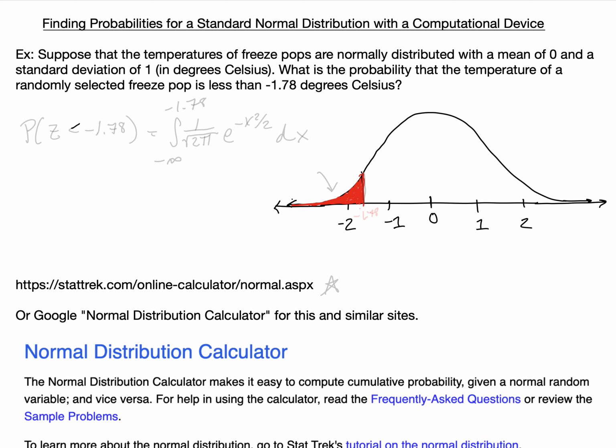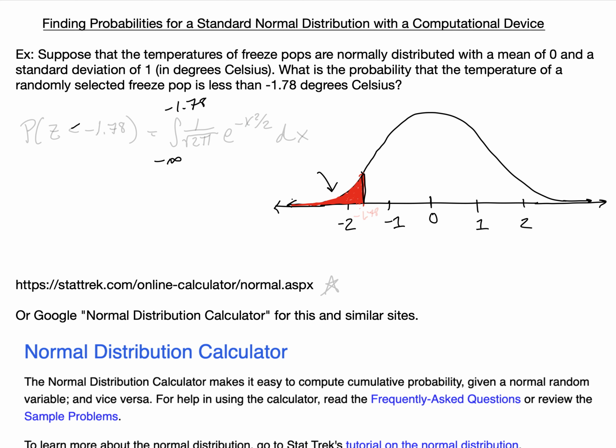We said that that probability is equal to the area under the curve. So the probability that z is less than negative 1.78 is equal to this area under the curve of the standard normal distribution from negative infinity up to negative 1.78. And that is equal to the integral, again, from negative infinity to negative 1.78 of that value.